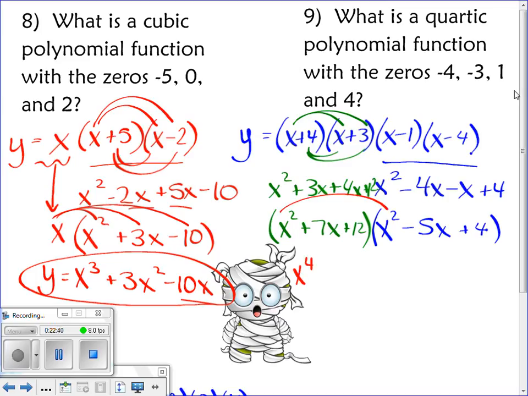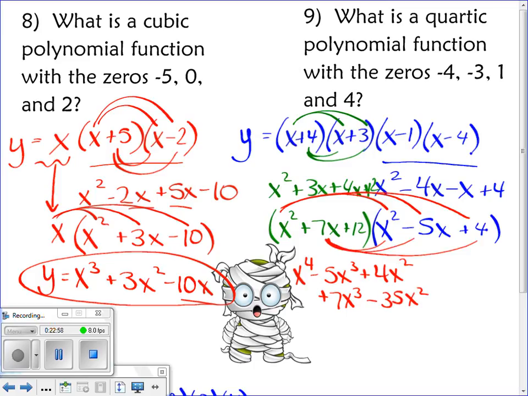So we get x to the 4th minus 5x cubed plus 4x squared plus 7x cubed minus 35x squared plus 28x plus 12x squared minus 60x plus 48.